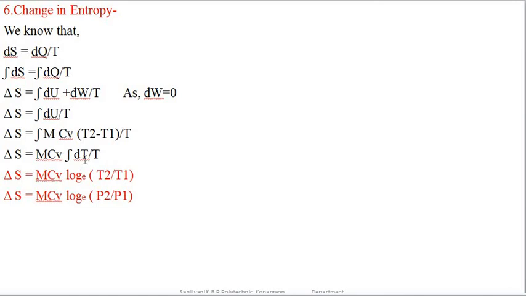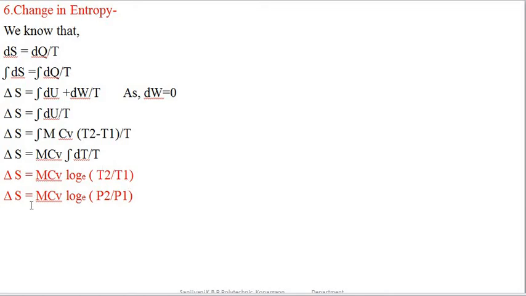So the integration of dT upon T, that is the integration of 1 by T with respect to T, is the log to the base e of T, and putting the limits from condition 1 to condition 2, the temperature is changing from T1 to T2. So we are getting delta S is equal to mCv log to the base e (T2 upon T1).